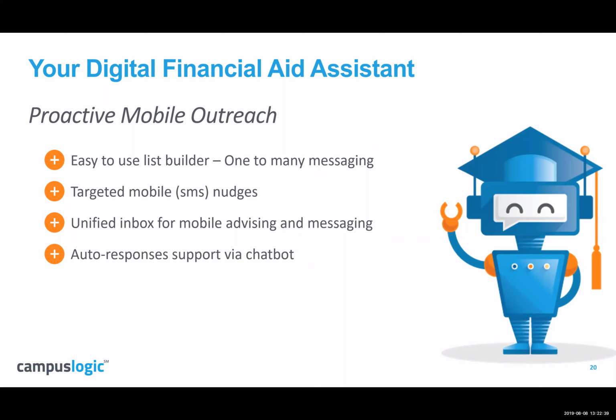The student may ask another question related to financial aid. Now that nudge may prompt other questions that, again, the bot can be the first line of defense to auto-respond to. And then the intelligent unified inbox would filter the messages that need an interaction. And so now your staff have a platform for advising through two-way text messaging. So those are the three key features of the virtual assistant.